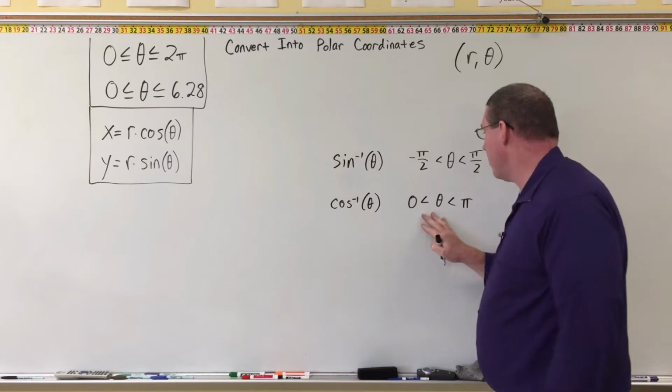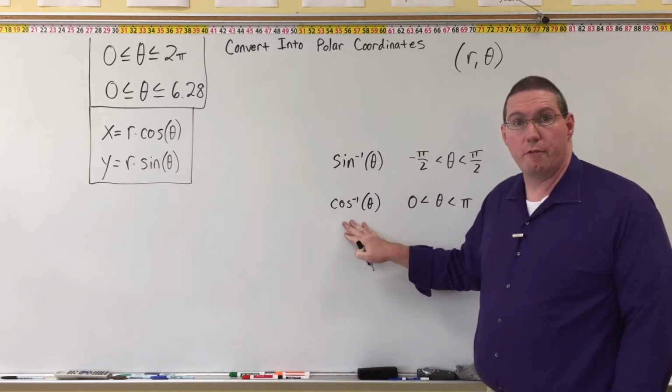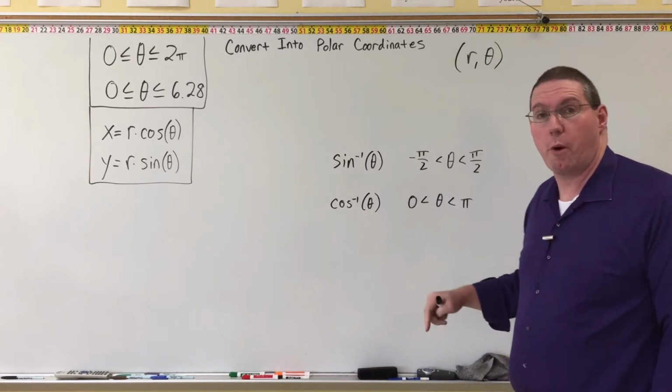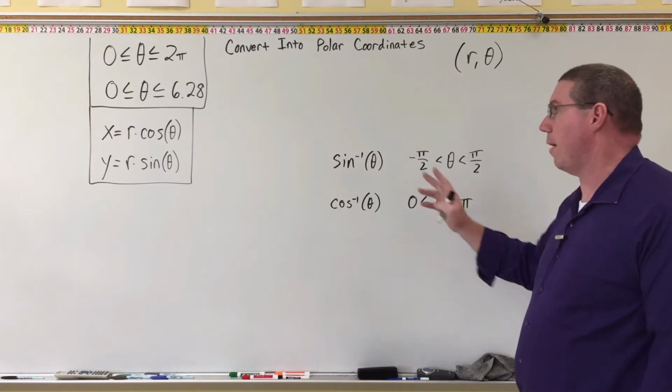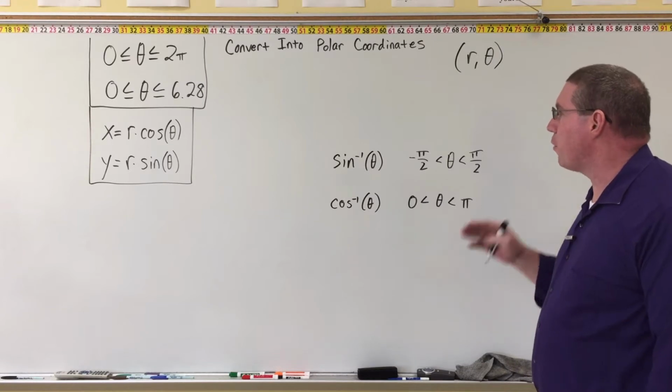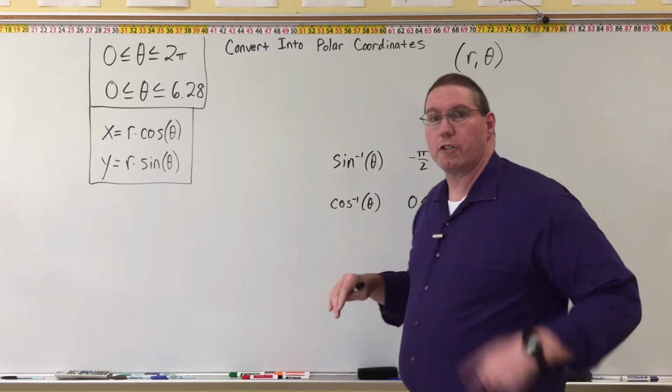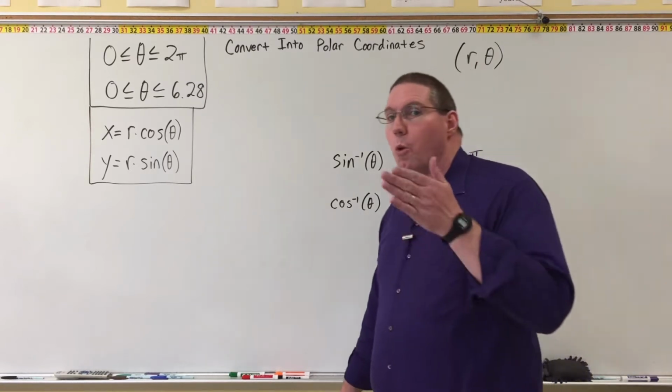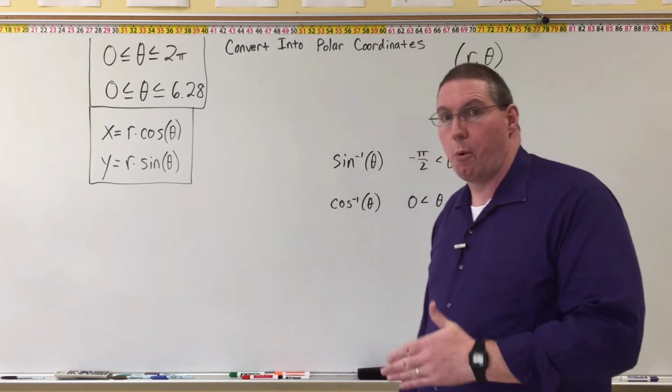So if it's in the first or second quadrant, cosine will give you a correct answer, but if it's in the third or fourth quadrant, cosine will not give you the correct theta angle, okay? And so because of that, the first thing you have to ask yourself is, what quadrant is this point in?